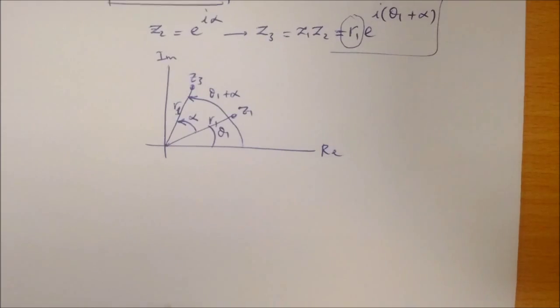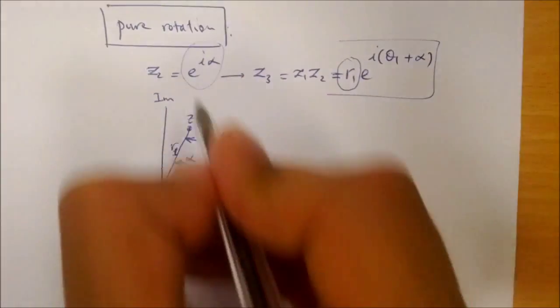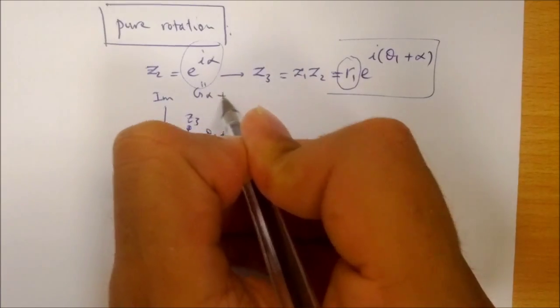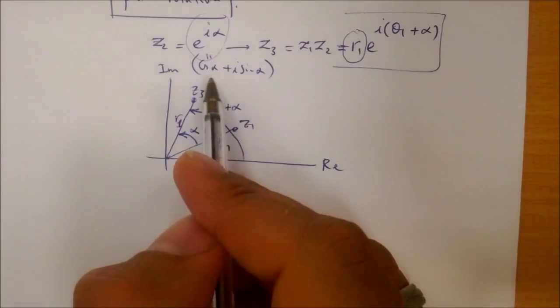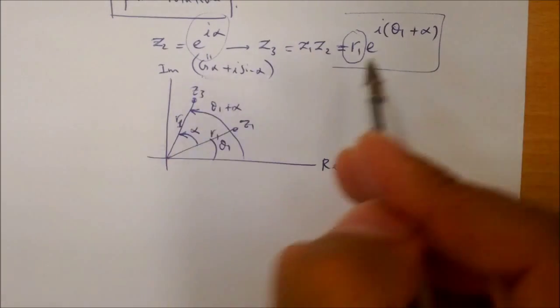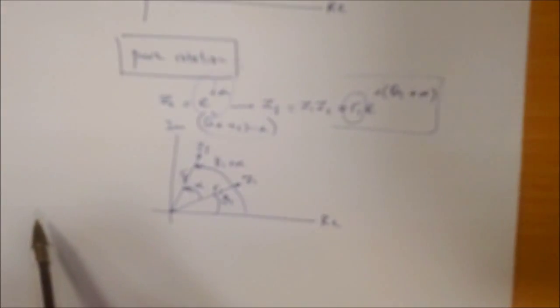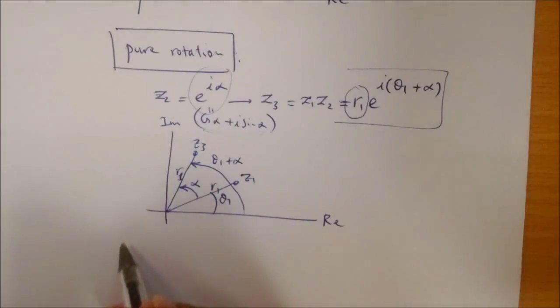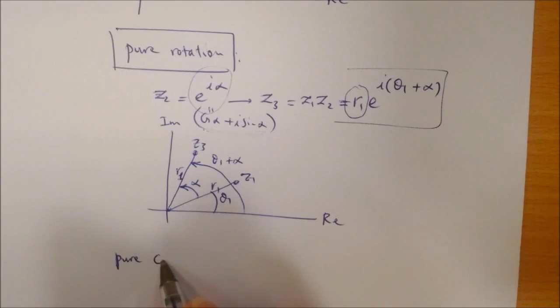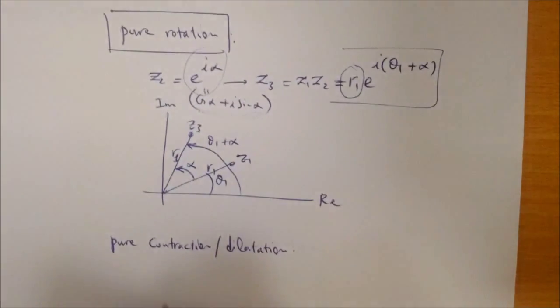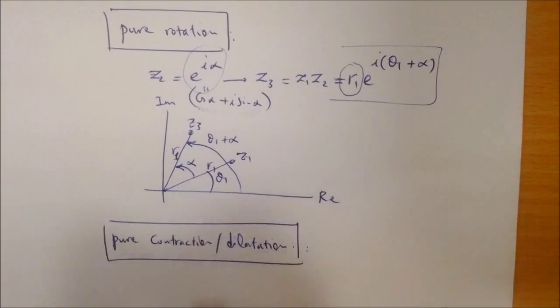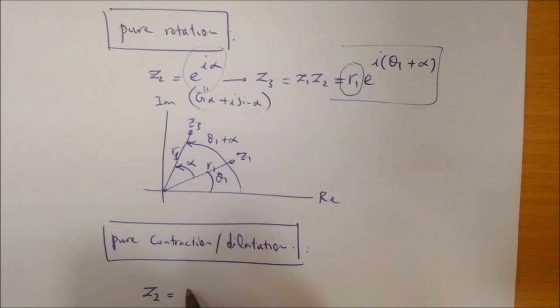And so, e to the power of i alpha, or cosine alpha plus i sine alpha, is the multiplication factor which represents a pure rotation. And if I want a pure contraction or dilatation, I'll consider z2 as a real number.